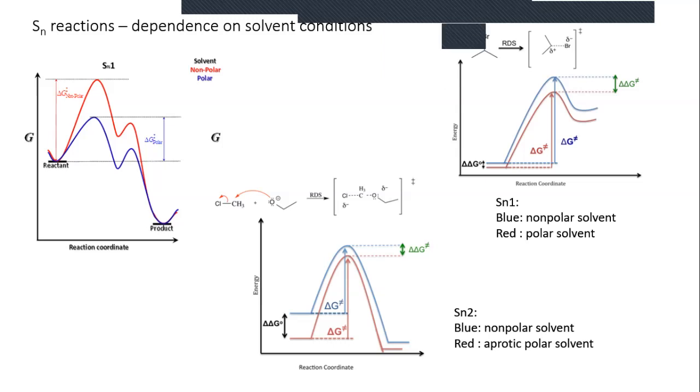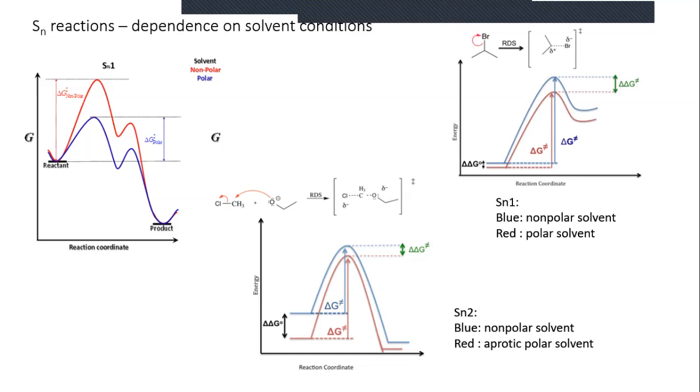For example, hydroxide would not dissolve in, say, hexane. It probably wouldn't at all dissolve in hexane, as a matter of fact. But hexane is a non-polar solvent. If you try to put sodium hydroxide and, say, t-butyl iodide in hexane, the hydroxide will not dissolve. It takes a lot more energy for that reaction to occur. But if you put it in a polar solvent, for example, such as methanol, it would lower the activation energy compared to a non-polar solvent because the nucleophile is more readily soluble in the polar solvent.